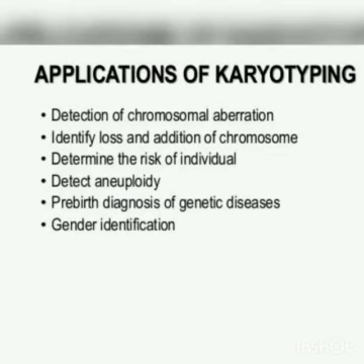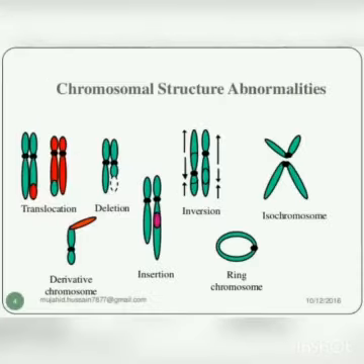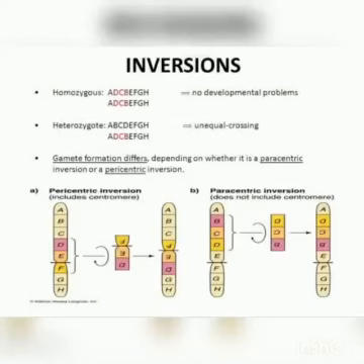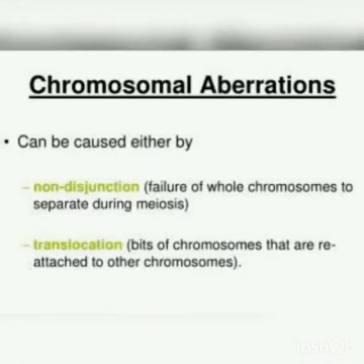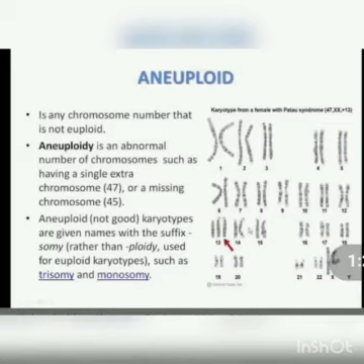It is used to detect chromosome aberrations, that means chromosomal abnormalities such as deletion, if a part of a chromosome is deleted, duplication, translocation, and non-disjunction of chromosomes. It also helps to identify abnormalities of chromosomes like aneuploidy. What is aneuploidy? Loss or gain of one chromosome.